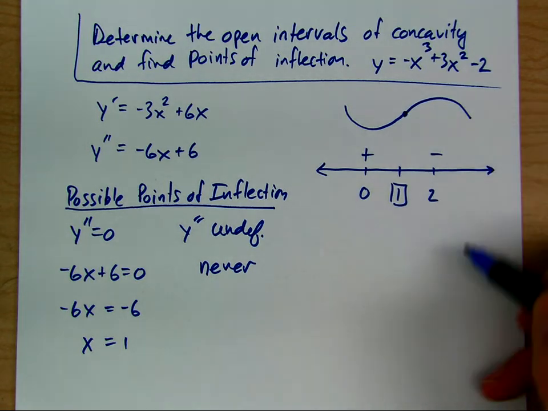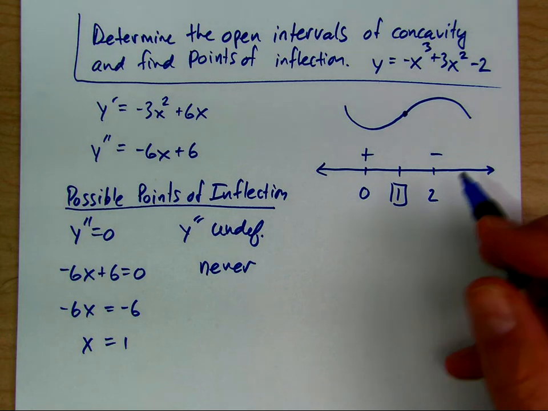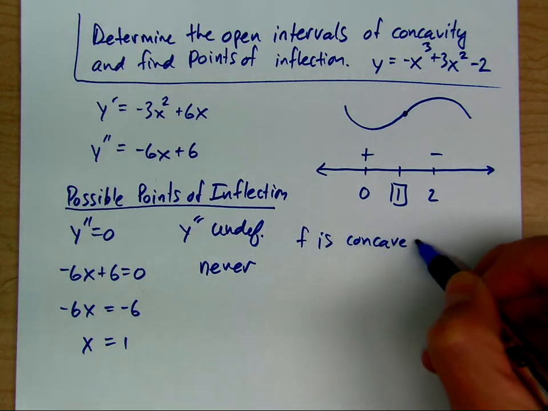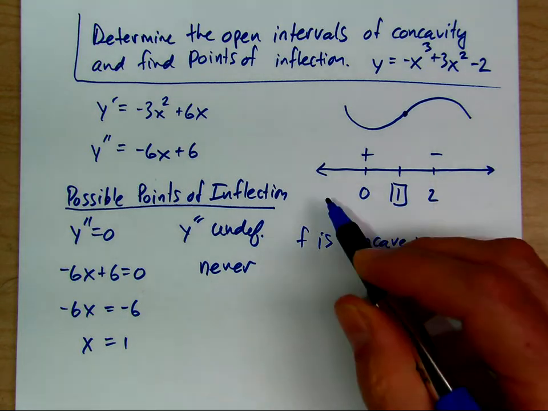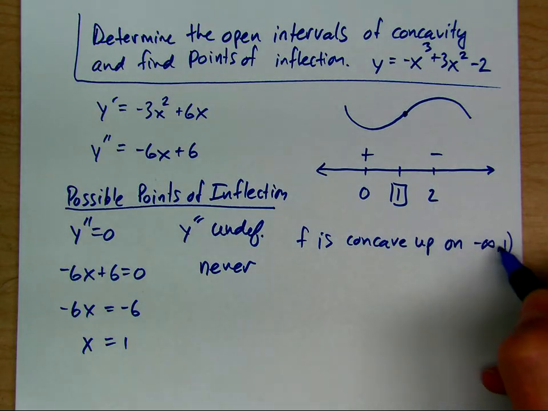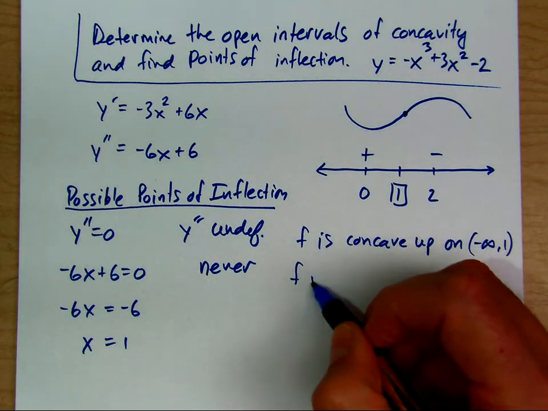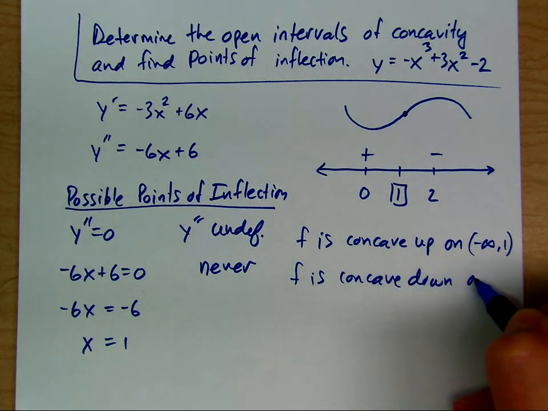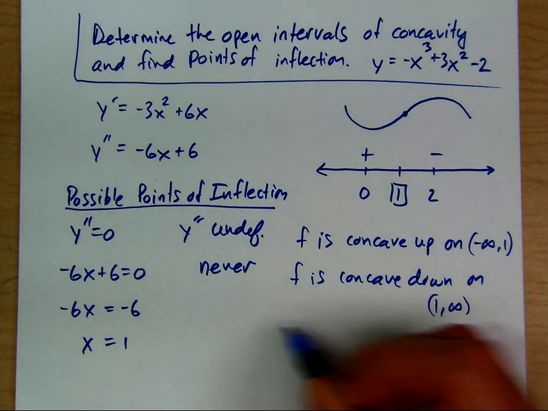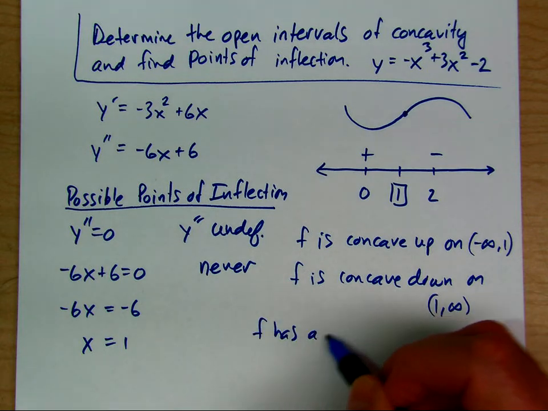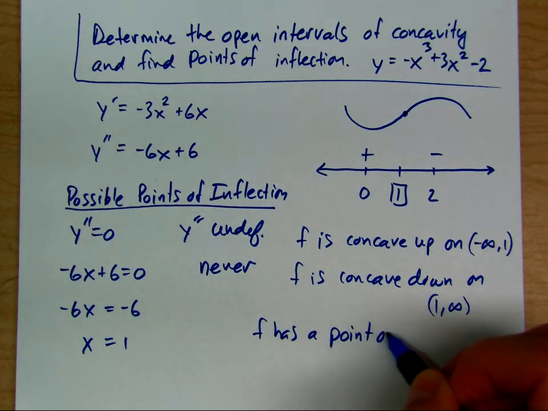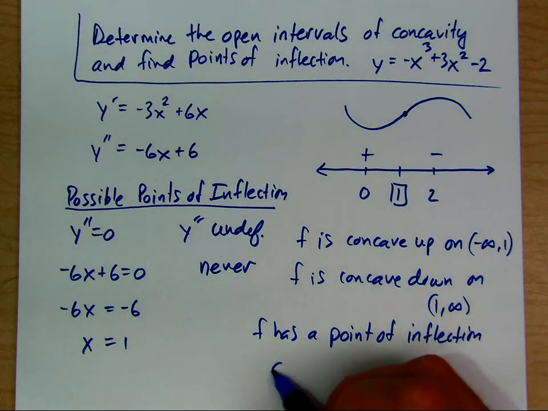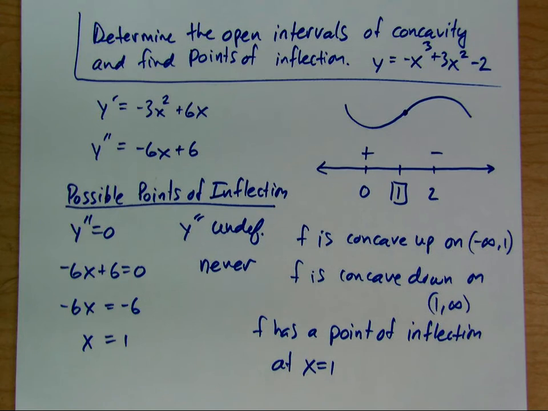So we can see there's a point of inflection. And we can say f is concave up on negative infinity to 1. f is concave down on 1 to infinity. f has a point of inflection at x equals 1.